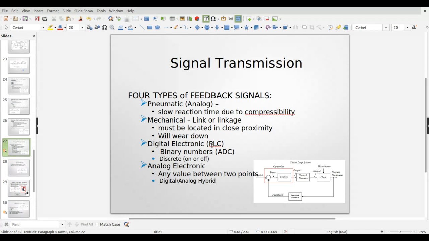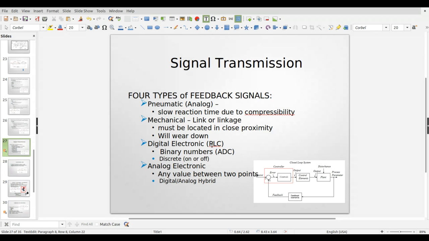The analog to digital converter is going to take the analog value from the sensor, the 4 to 20 milliamps or 0 to 10 volts or whatever, and send that into our controller, into our ladder logic.